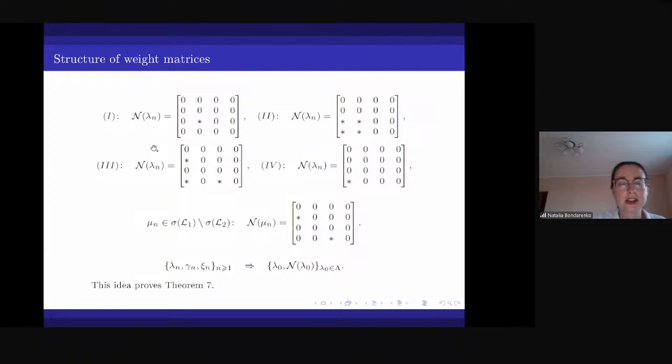Here are the matrices for the cases 1, 2, 3, and 4. And we also can show that all these non-zero elements are uniquely specified by McLaughlin's data. So McLaughlin's data uniquely specifies the discrete spectral data associated to the singularities of the Weyl matrix. And this idea proves our uniqueness theorem.